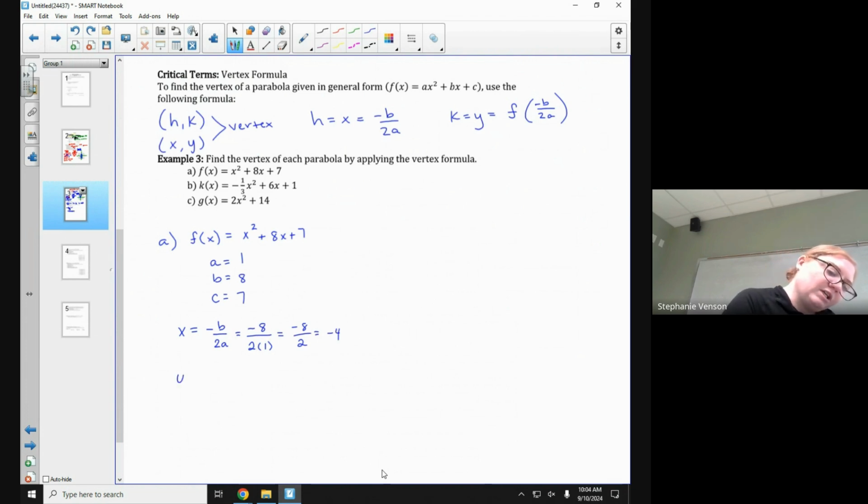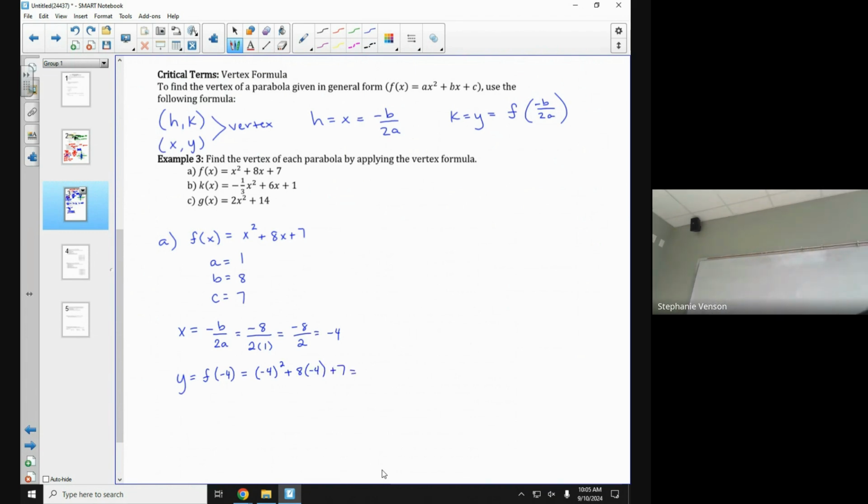Now, how am I going to get the y value of my vertex? That's all you do. It's really that simple. You just take the value that you just got, which in this case was negative 4, and plug it back into the function. So this is negative 4 squared plus 8 times negative 4 plus 7.